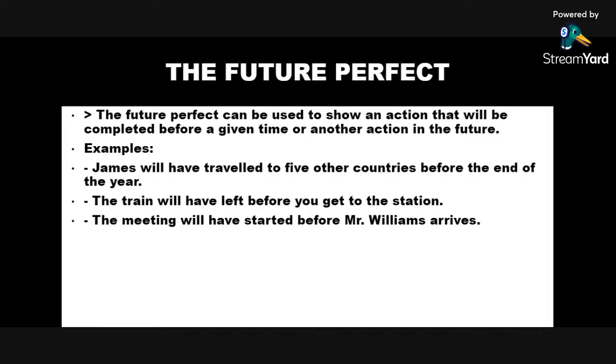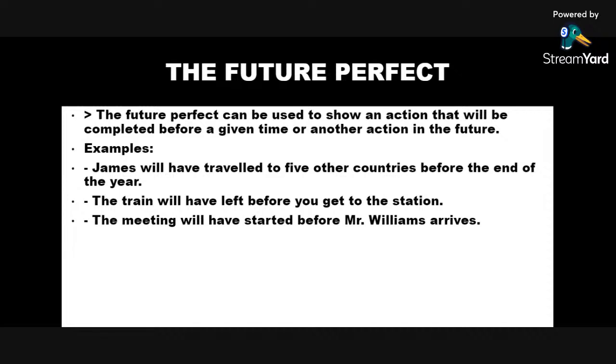Then the future perfect can be used to show an action that will be completed before a given time or another action in the future. For example, James will have traveled to 5 other countries before the end of the year. You see, this has not actually happened, okay? And this is why we can talk about it. James will have traveled.